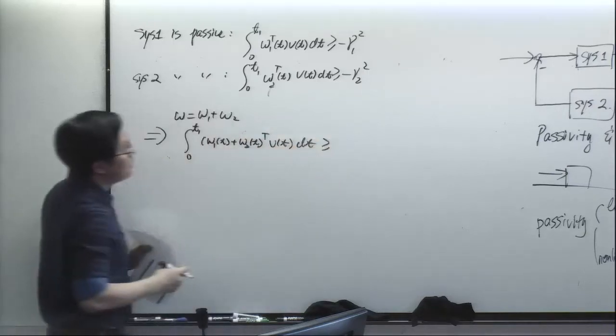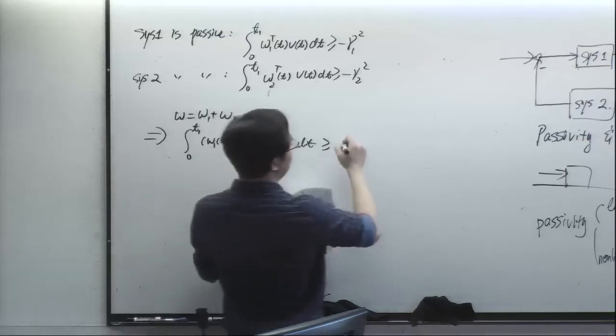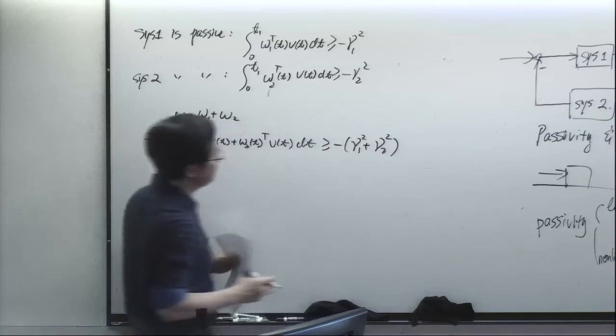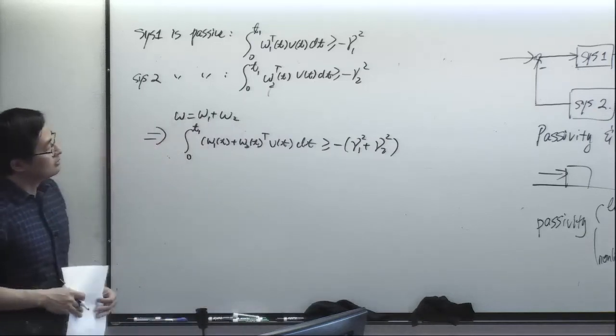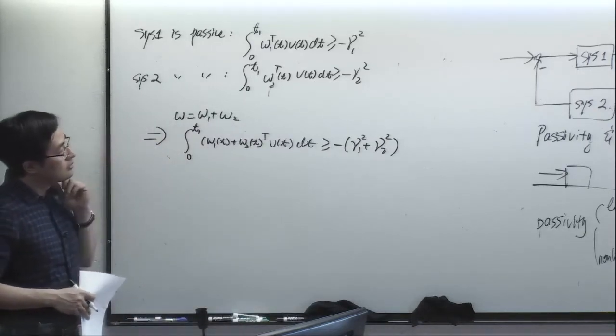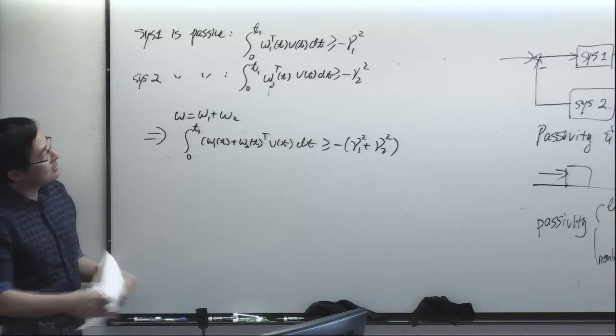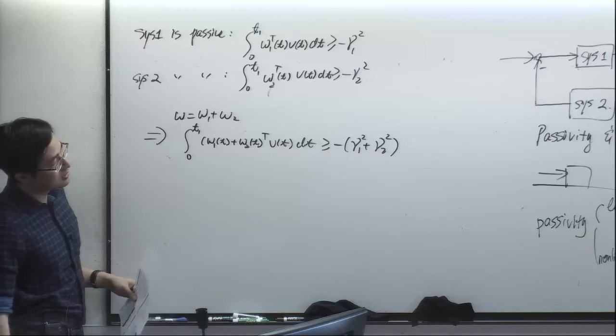We have the new lower bound of negative gamma 1 squared plus gamma 2 squared. And effectively, we show passivity. So that's the general principle to do this.